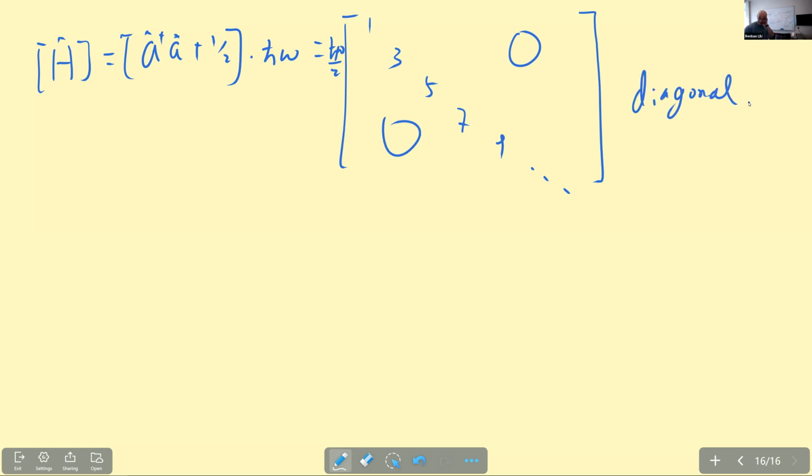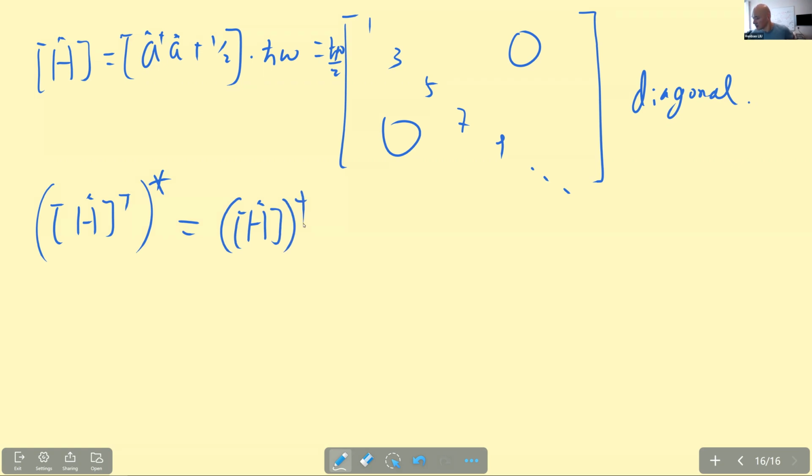So this way we can actually get the matrices for these operators. Another interesting thing: if you look at this matrix for H, it is diagonal. If you take the transpose and then take the complex conjugate, we call this the Hermitian conjugate.